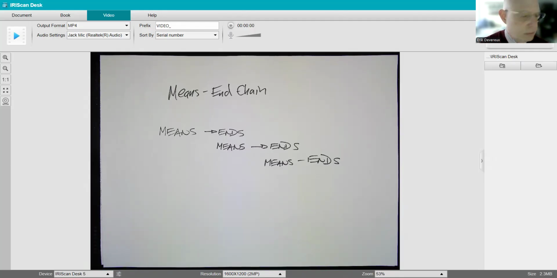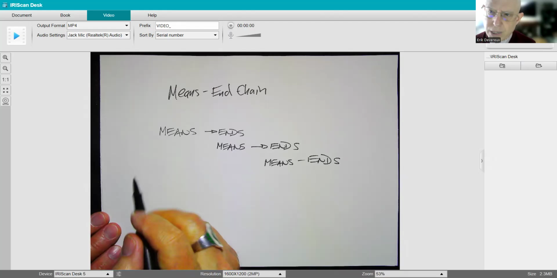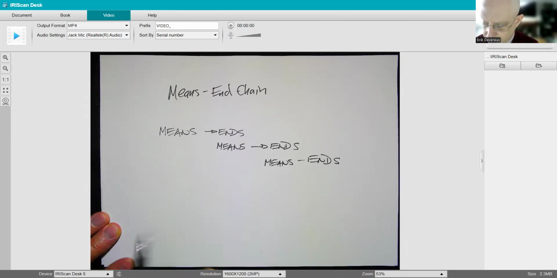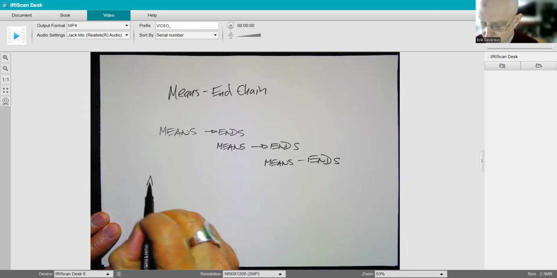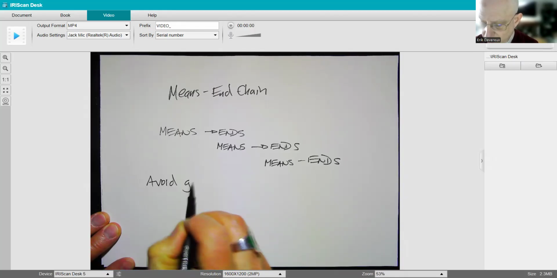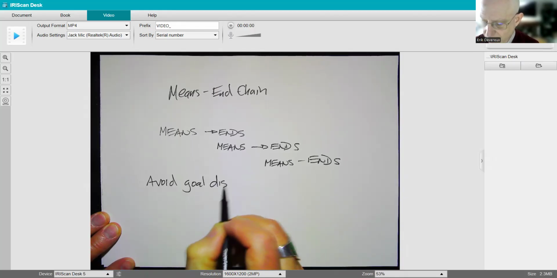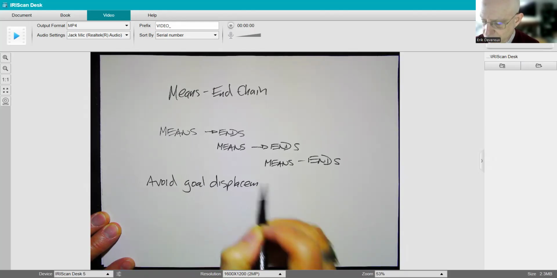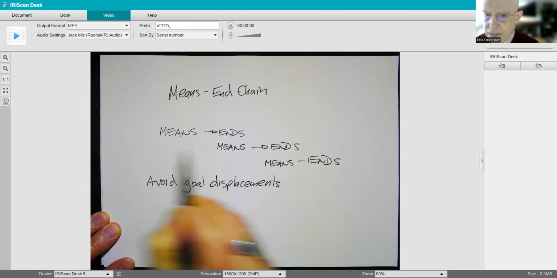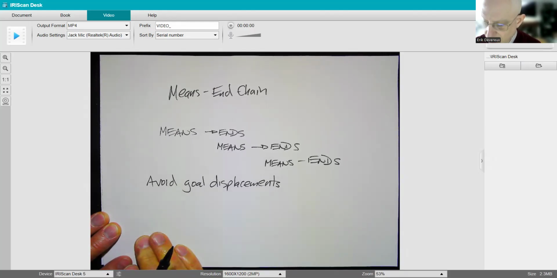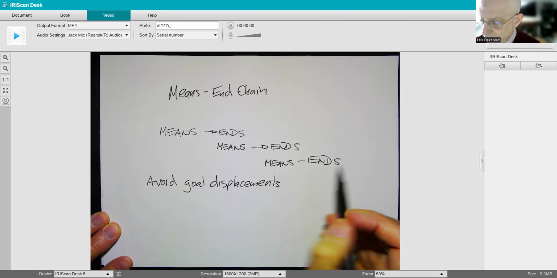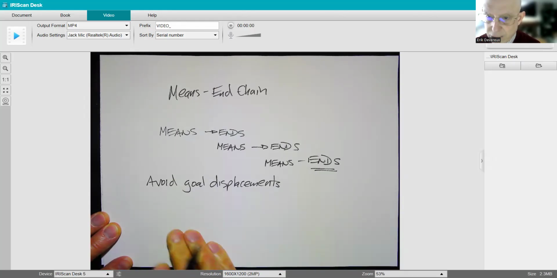But this gets us immediately into one of the great pitfalls in public policy and in public policy analysis, and that is we want to avoid goal displacement. Goal displacement is something that occurs anytime we have this type of means ends chain. Goal displacement occurs when we forget about the ultimate objective, okay?